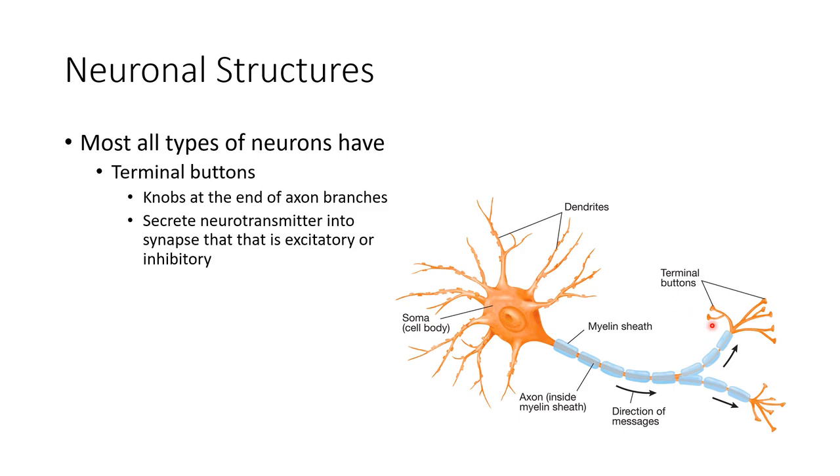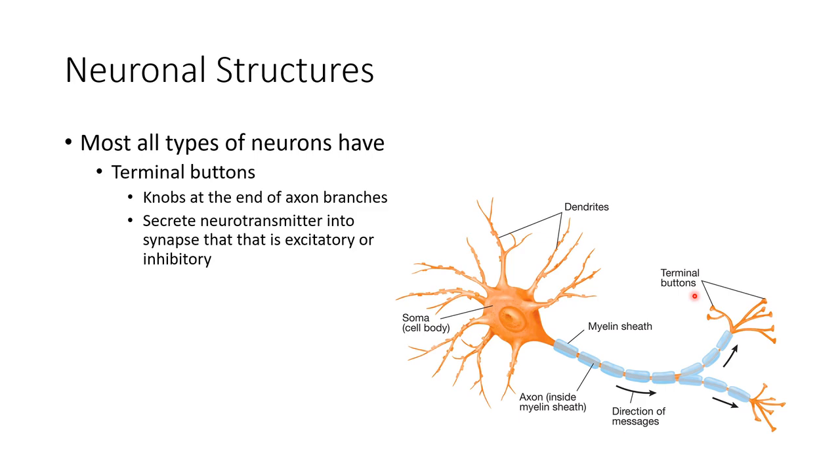So some neurotransmitter, which we will be talking about as we move forward in our material throughout the semester, and that will depend on what type of cell we're working with as to what type of neurotransmitter it will be.